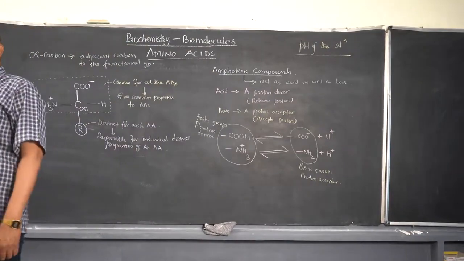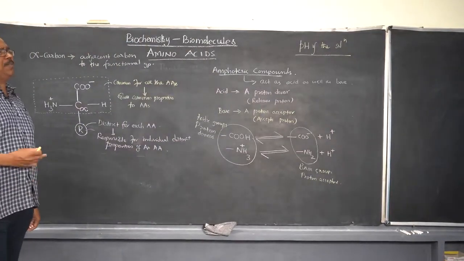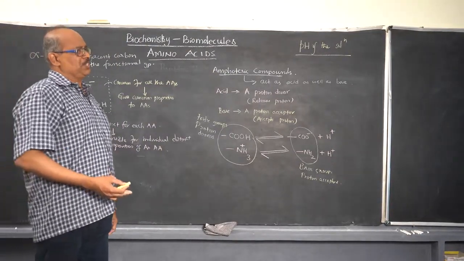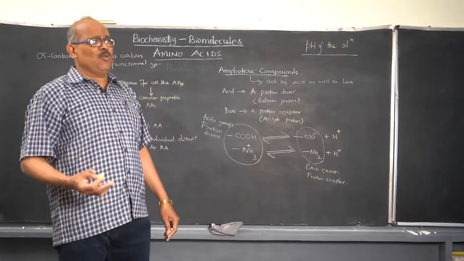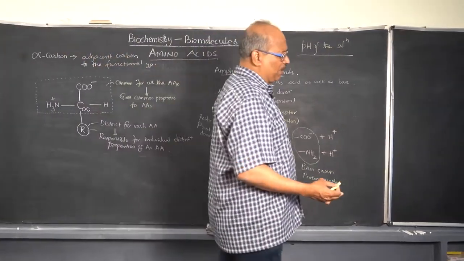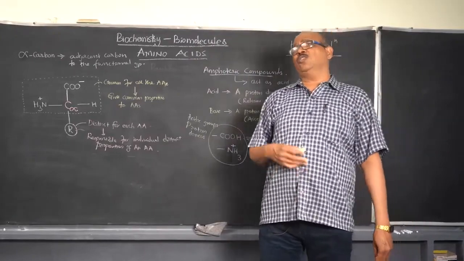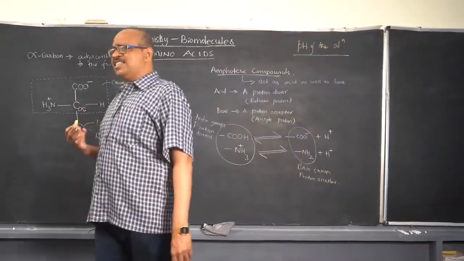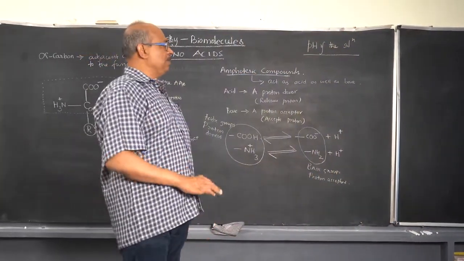So whether you can say amino group is an acidic group or a basic group depends on the pH. Similarly, whether the COOH group will remain as COOH and act as an acidic group, or it goes to COO minus and acts as a basic group, again depends on the pH.